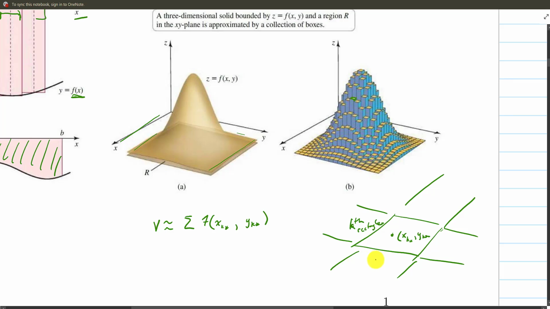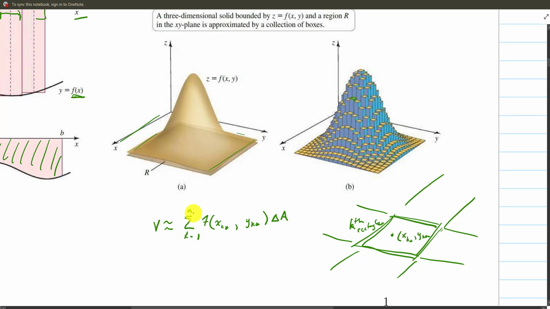And I'm going to call this area delta A. That stands for the area of that particular rectangle. So if we add up all of these for each of our k rectangles, for k equals 1 to n, this gives us an approximation.